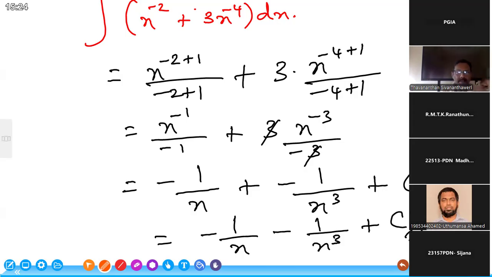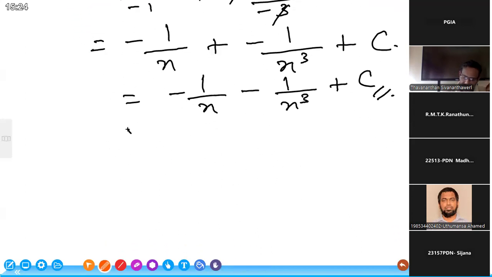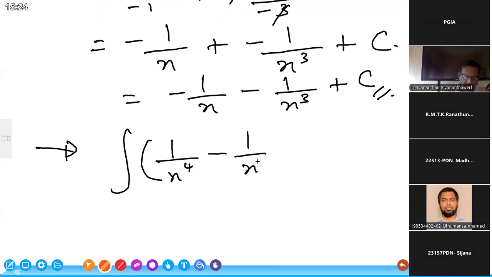So that is the answer. Okay. Another example, integration of 1 over x to the power 4 minus 1 over x to the power 2 plus x square minus x to the power 4 dx.